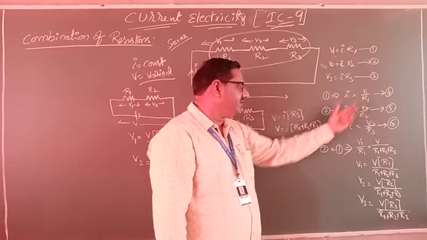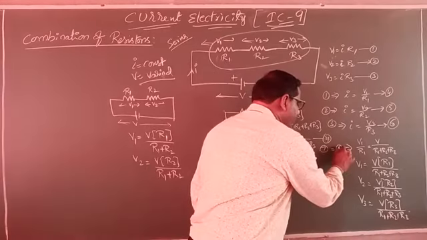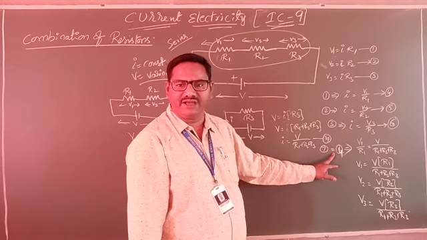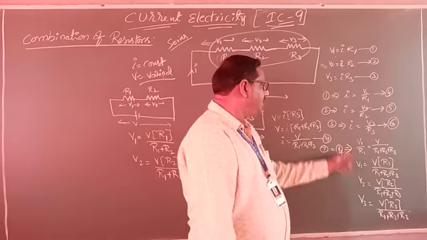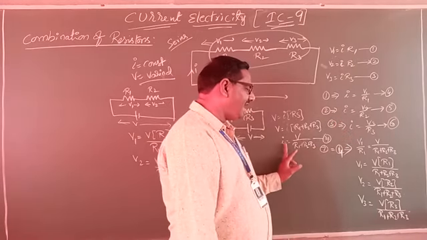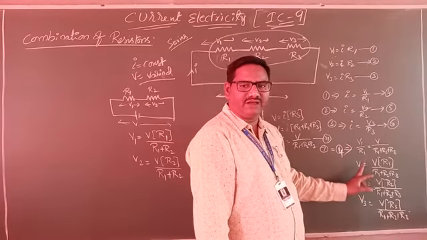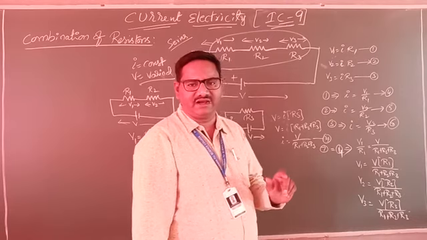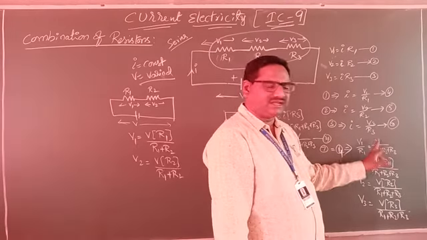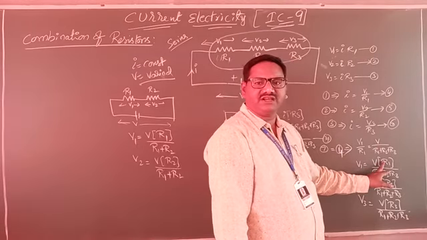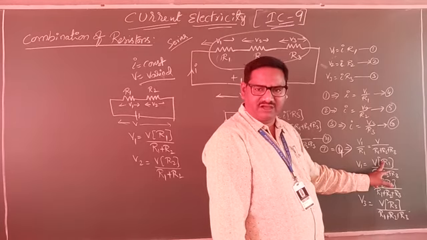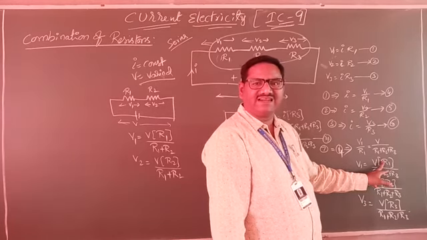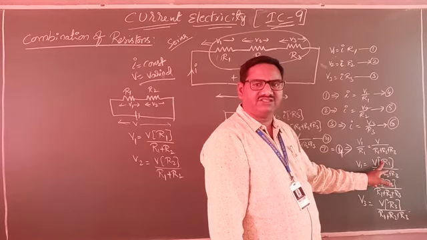Now if you equate these two, 7 equal to 4, then what can you write? Very, very simple. Here also I, here also I, so you can equate them. Then you can find V1, the potential across the first resistor. Directly you can write the total potential into the resistor across which you want the potential, that resistance you consider here, in short form.